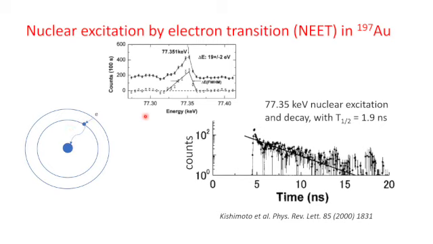And this has actually been shown in a way that appears to be totally reproducible, although quite a small effect, in gold-197. And this has been very helpful for establishing the scale, the experimental strength of the process, to compare with calculations. And Kishimoto has gone on to several more measurements after the discovery in 2000.